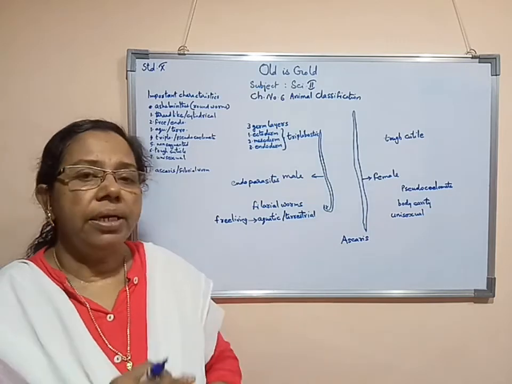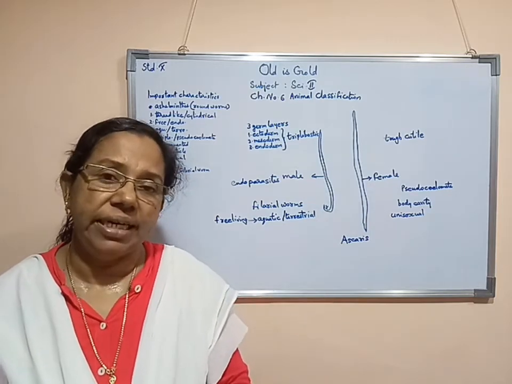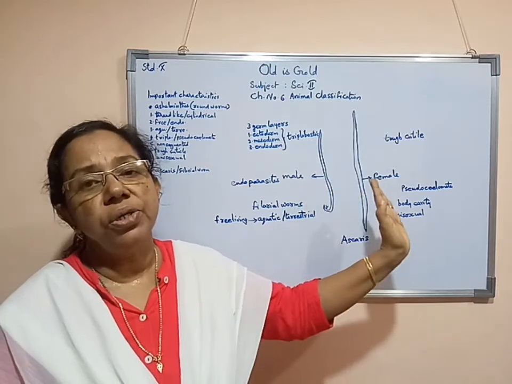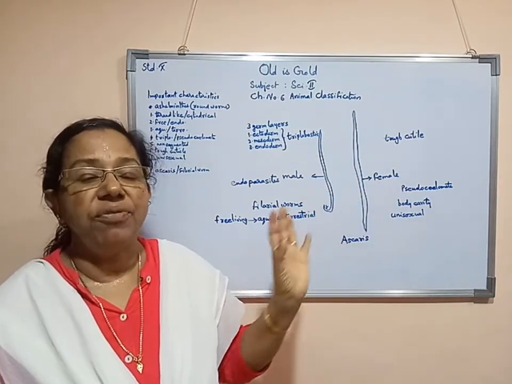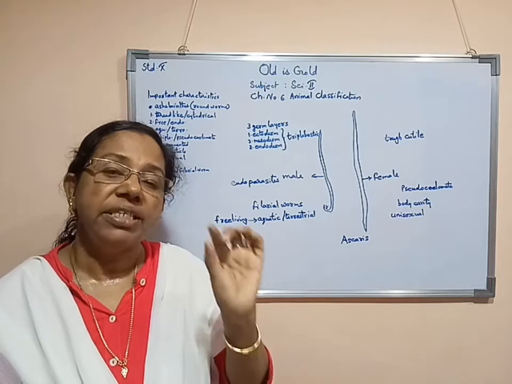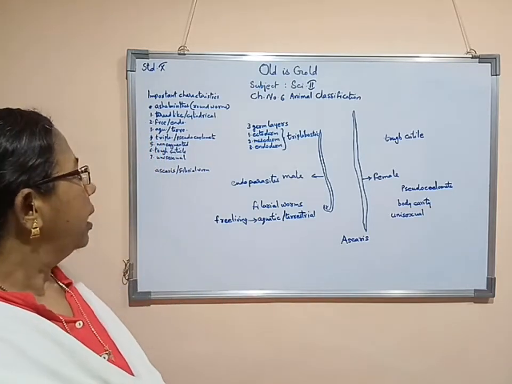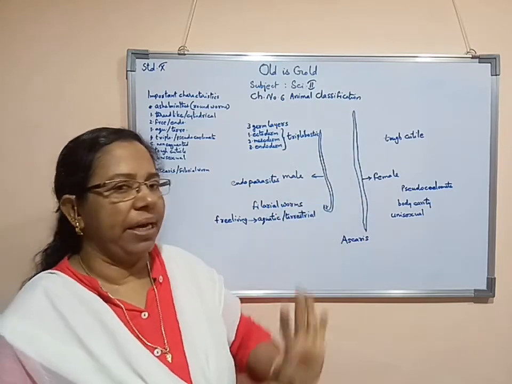Inside the body a pseudocoelom is there. Because of that ashelminthes are known as pseudocoelomate. They are having a false coelom. Coelom means body cavity. Now their body has no segment.